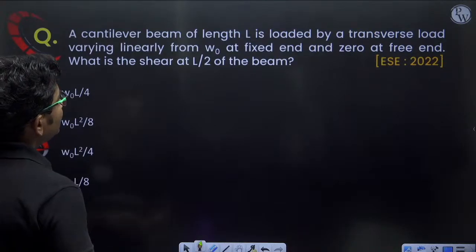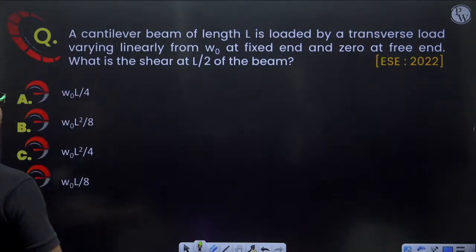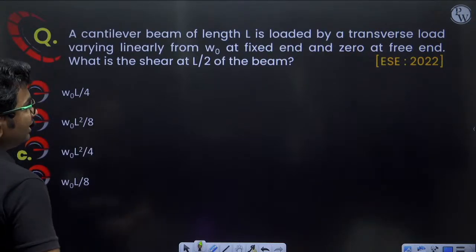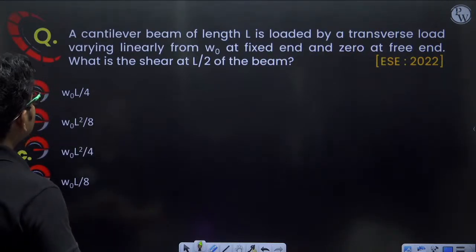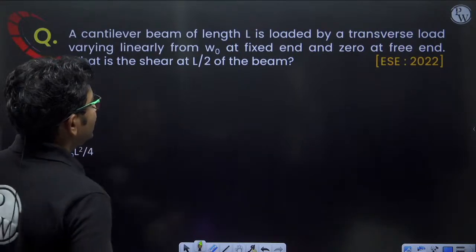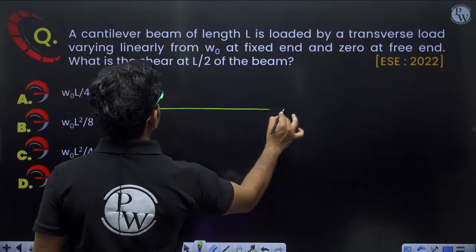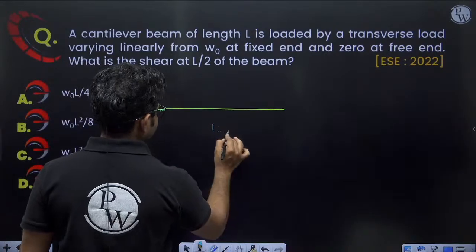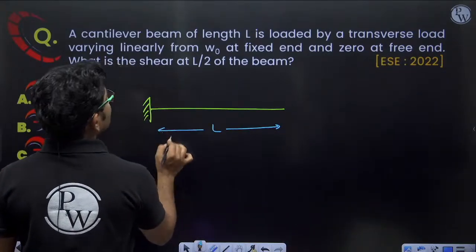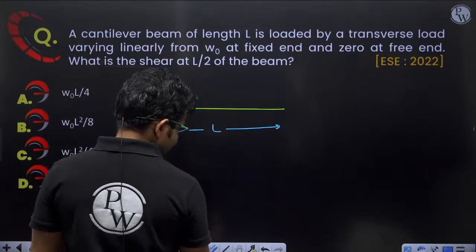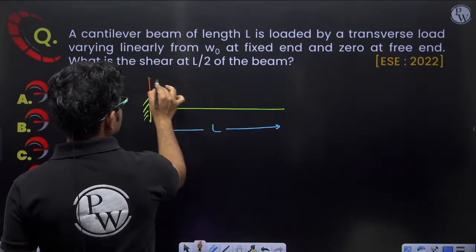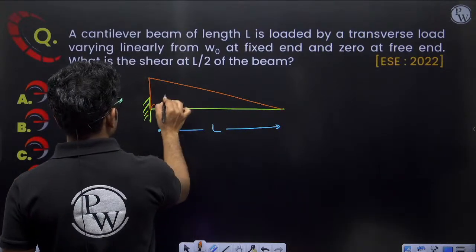A cantilever beam of length L is loaded by a transverse load varying linearly from W naught at the fixed end to 0 at the free end. Cantilever beam, length is L, loaded by a transverse load like this.